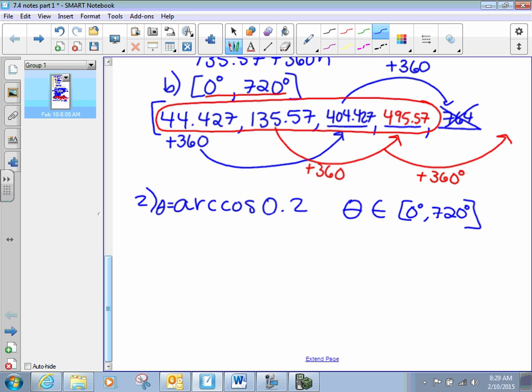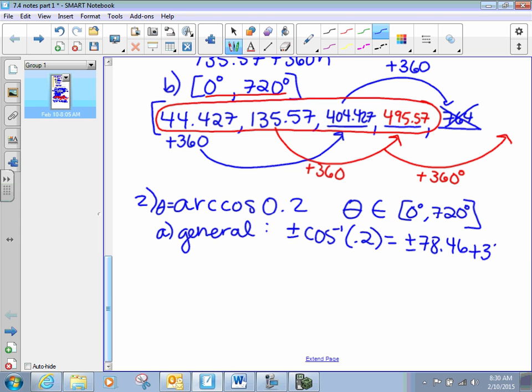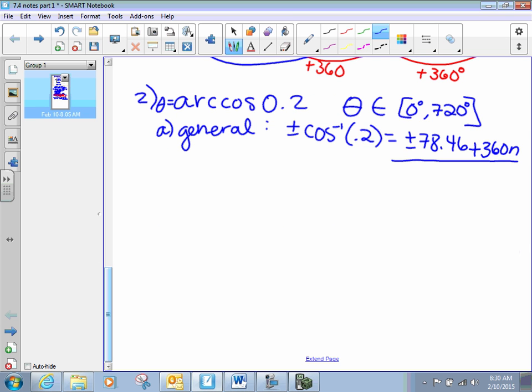And so for the general solution, how I'll solve that is say plus or minus the inverse of cosine 0.2. So with that in my calculator, I get plus or minus 78.46. And then I'm just going to add on the 360n for general solution, because that just tells me I can just keep adding 360 until I get all of my answers.